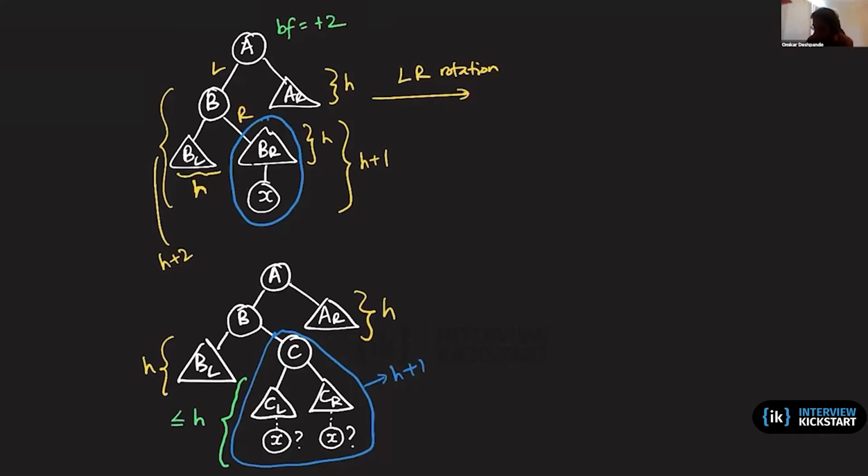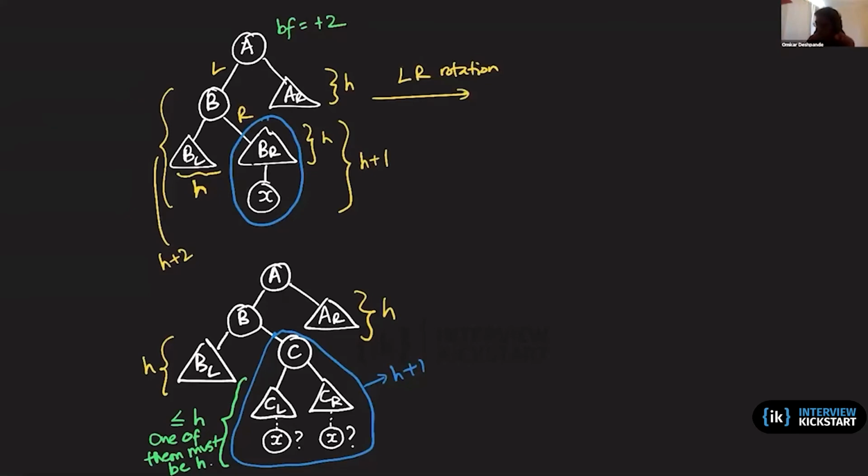So in general, both of them will have height less than or equal to h, but one of them must be h. The other could be h, could even be h minus 1, but it doesn't matter.